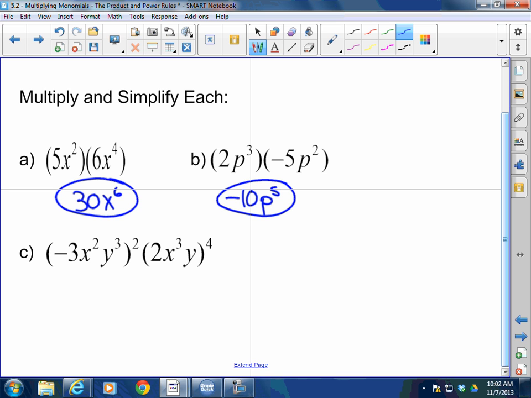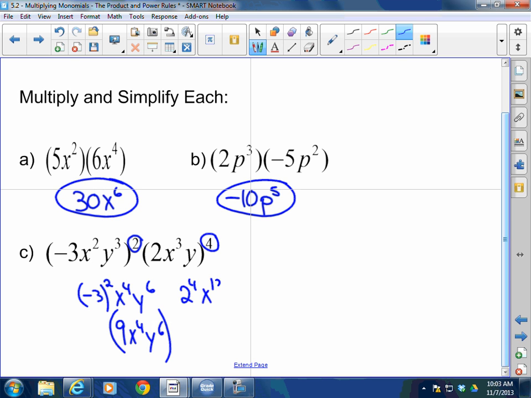Now, here's the good one. You see how I'm raising these to a power? First, distribute the power, then multiply. So this is going to be, in parentheses, negative 3 squared, x to the 4th, y to the 6th. So that's 9, x to the 4th, y to the 6th, times 2 to the 4th, x to the 12th, y to the 4th.